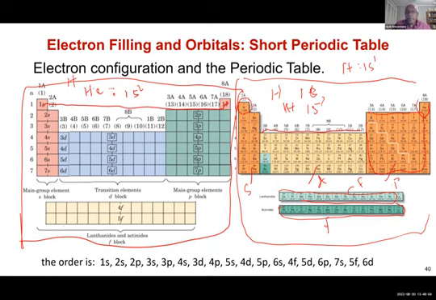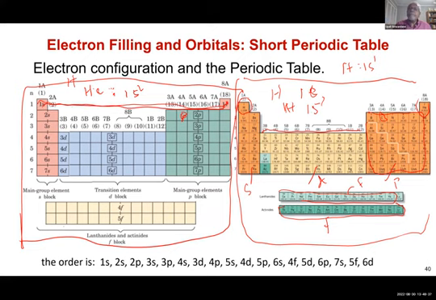So all you have to do is fill in the electrons into the different shapes, starting from that idea. For example, if you want to find carbon, it is right here. You start from 1s2, then 2s2, 2p2.